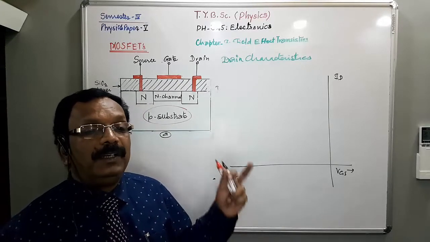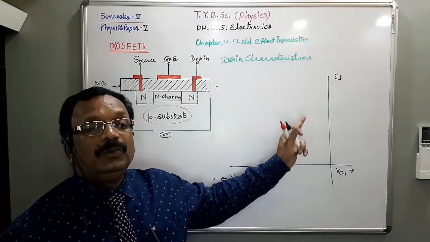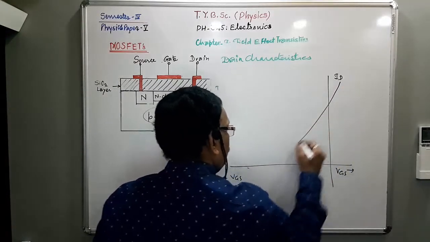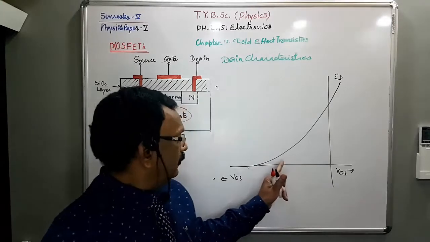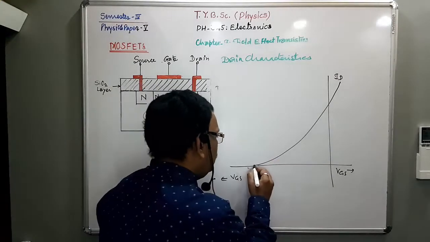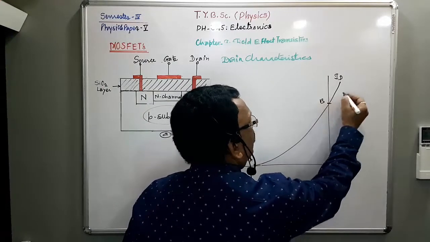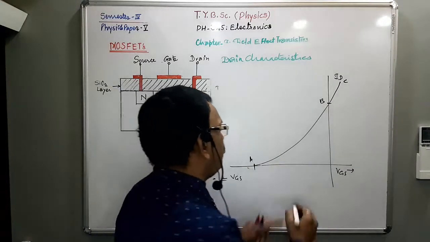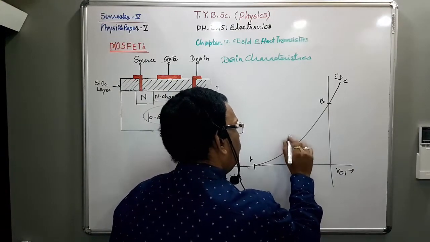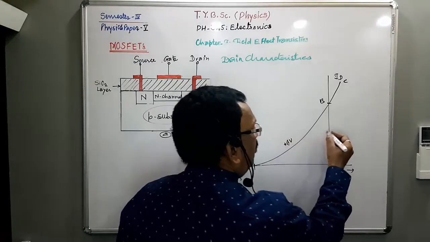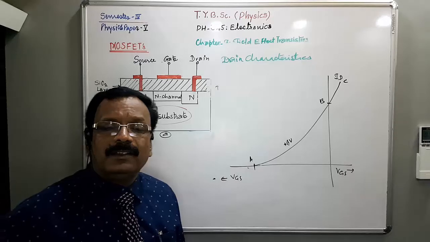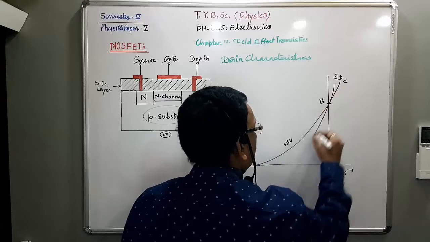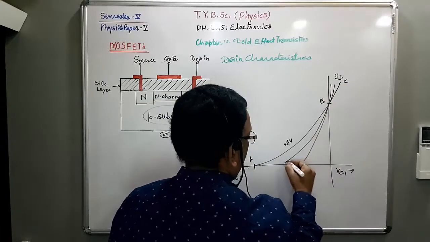So, see here the transfer characteristics for N channel depletion type MOSFET in common source configuration. This curve shows the relation between drain current ID and VGS for different constant values. Suppose this is the first curve. Suppose this is point A and this is point B and this is point C. Suppose this curve is for positive 1 volt. Now if we increase the VDS by 1, then we will get this curve, then this curve.